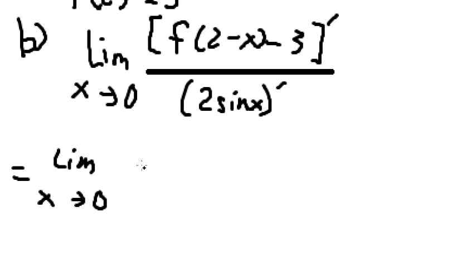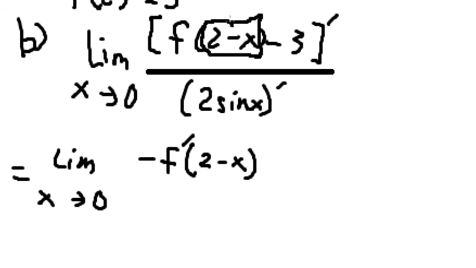So this one we have negative f of 2 minus s with the first derivative in here. Because we take the first derivative of 2 minus s, you get negative number 1 in here. That's why we have the negative sign.